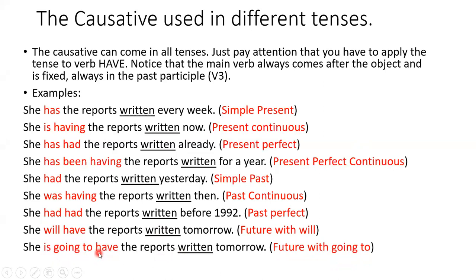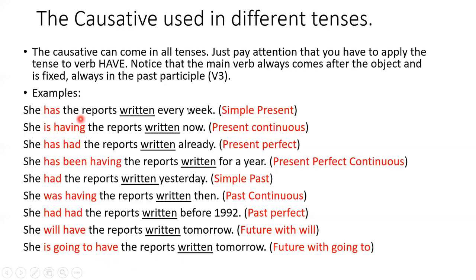I hope that you get this. This is a very important point because we can use the positive in different tenses. So now you have to use your knowledge of the tenses that you studied before. And when you read the sentence, you have to guess what tense to apply in the positive.